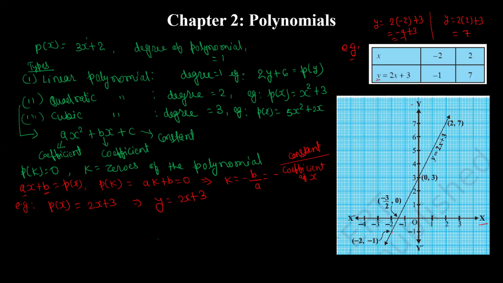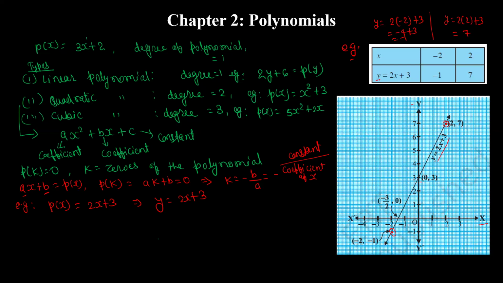So here x is minus 2, y is minus 1. Another point we have is 2 comma 7. Now we can join these with a scale. So this is finally the linear graph for the equation y equal to 2x plus 3, or the graph of the linear polynomial.